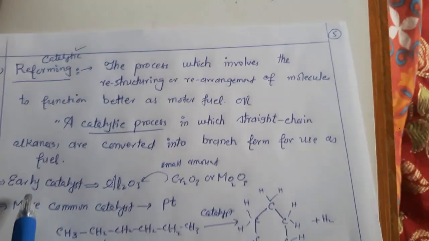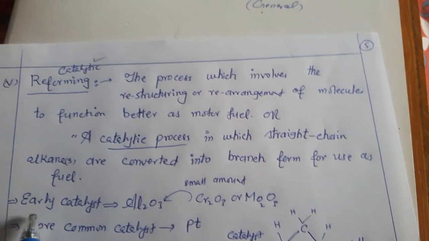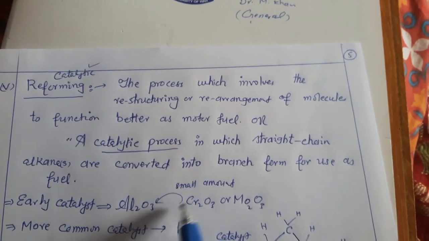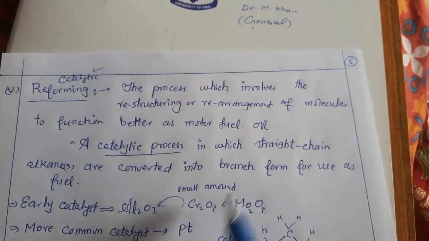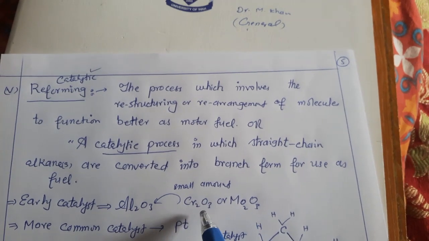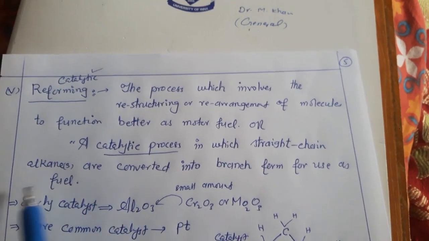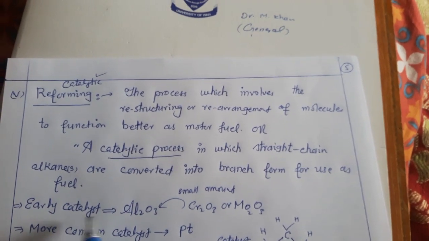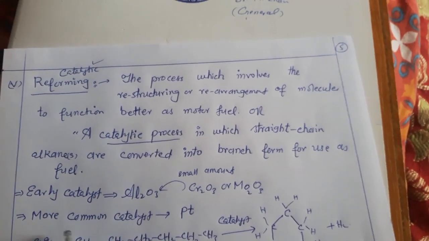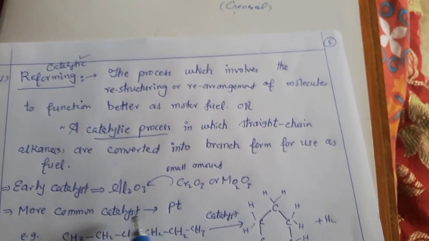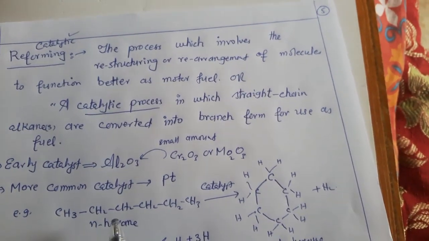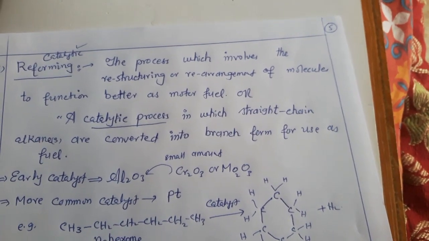In early catalytic reforming, aluminum oxide was used as a catalyst with a small amount of either chromium oxide or molybdenum oxide. So it worked as a catalyst. This was an old concept, but in the more modern concept, platinum works as a good catalyst.